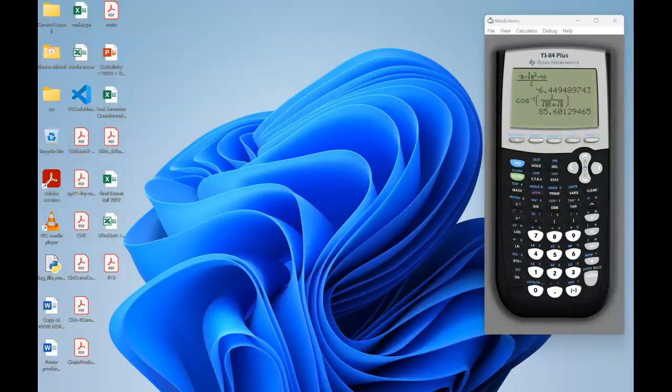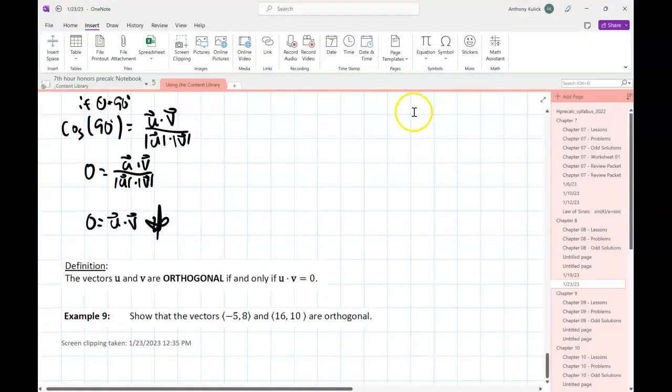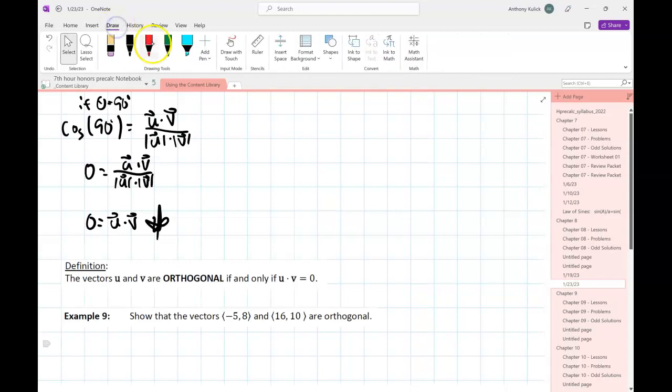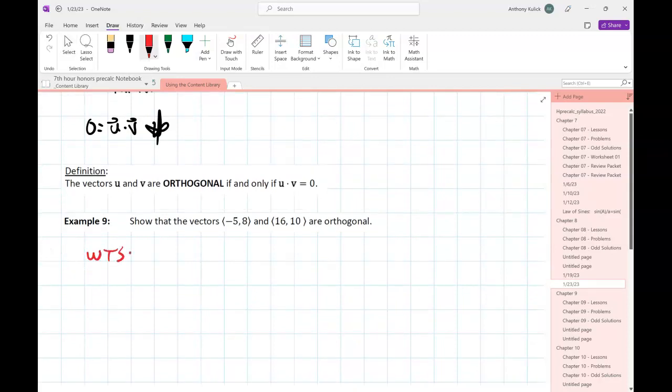Let's do a numeric example just to kind of check to make sure we got it. So it says to show the vectors -5, 8 and 16, 10 are orthogonal. So WTS, want to show, is that this dot product is equal to 0.